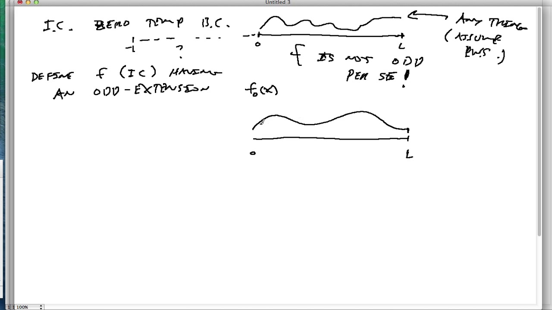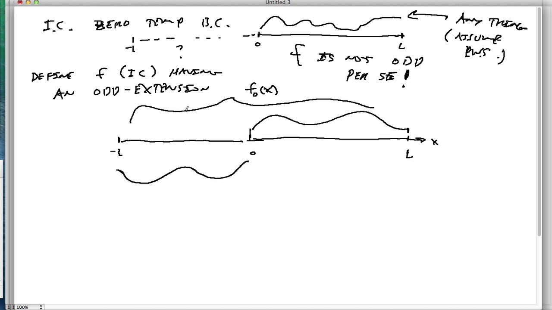There we go. That's our initial temperature profile for our bar. But what we'll do is we'll now expand our definition of our initial condition to include negative L's as well, and negative x values, I should say. But we're going to do the odd extension of it. Oh, I'm doing a terrible job at drawing. All right, so there's the odd extension. So call this our odd extension.